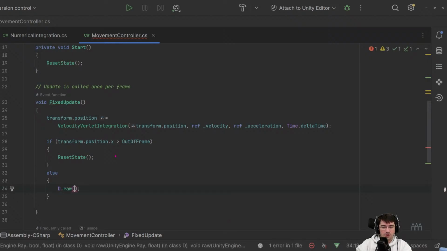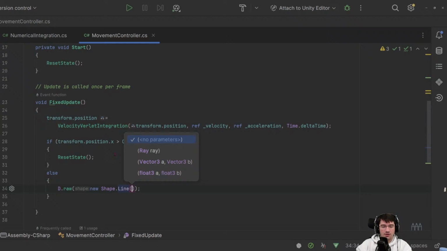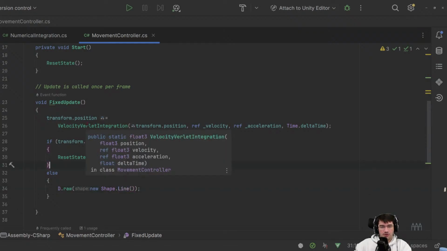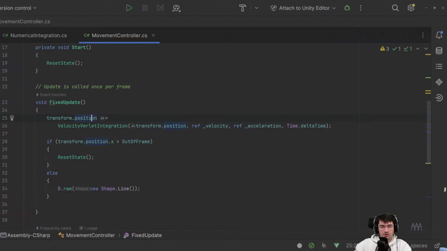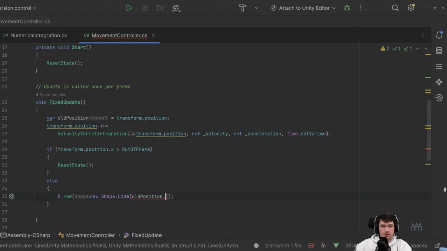Let's also do the draw new line from the old position to the new position. I need the position before, so hold position.